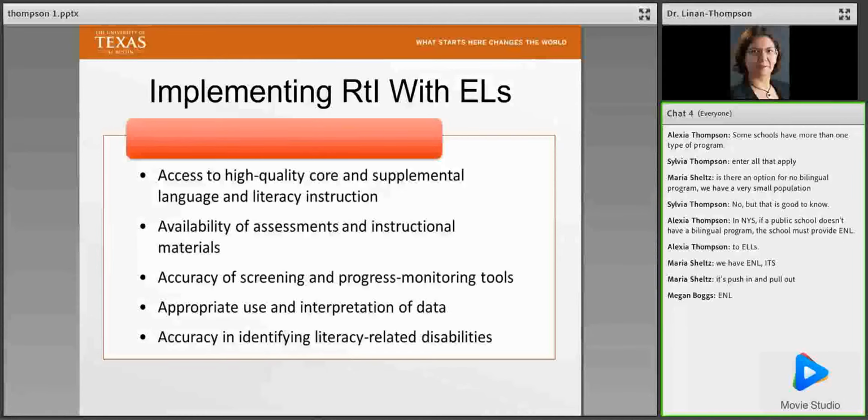On the one hand, even though many core reading programs are strong now, from experience we know that they're not always implemented. Teachers don't always use the core program, and when that happens, children like ELLs and the CLD students who need that very systematic introduction to the language and to reading don't get it.